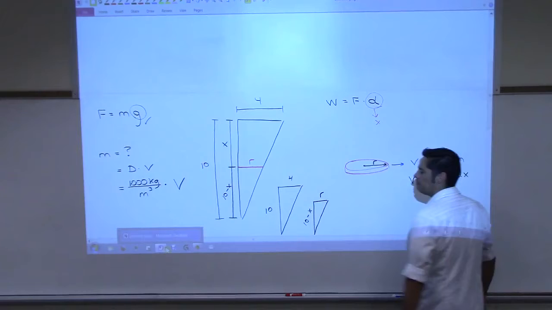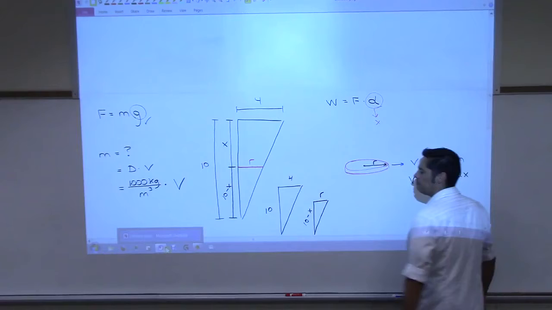So I would like to start drawing some things here. Let's look at this cone just as a cross section. If I look at this as a cross section, then I have a water level in here, and then I have some arbitrary slice in here. And again, I'm going to give it some thickness. There's my arbitrary slice.